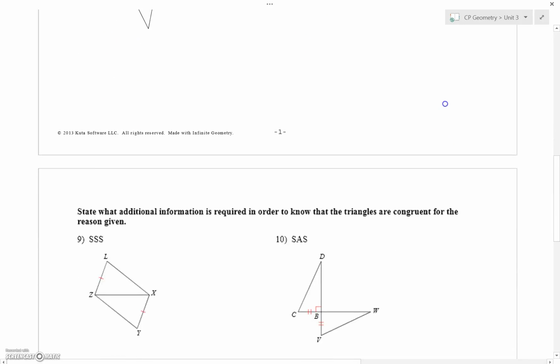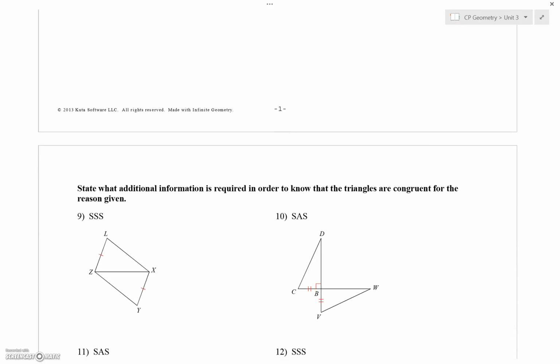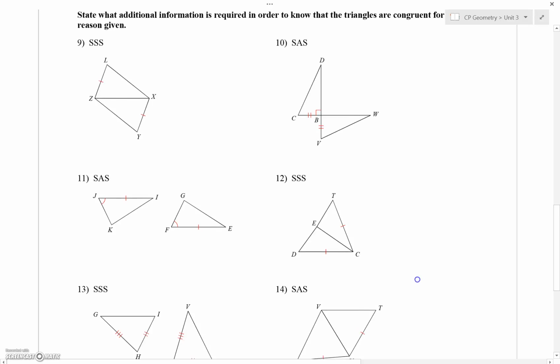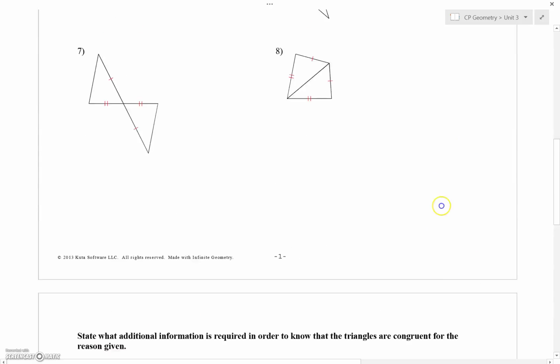And then on the back, you're going to state what additional information is required in order to know that the triangles are congruent for the given reason. So what I was just doing at the end of our notes there. If I want to use side, side, side, what other segments do I need to be congruent? Or if I want to use side, angle, side, do I need a pair of angles or do I need another pair of sides to enclose that included angle? Alright guys.